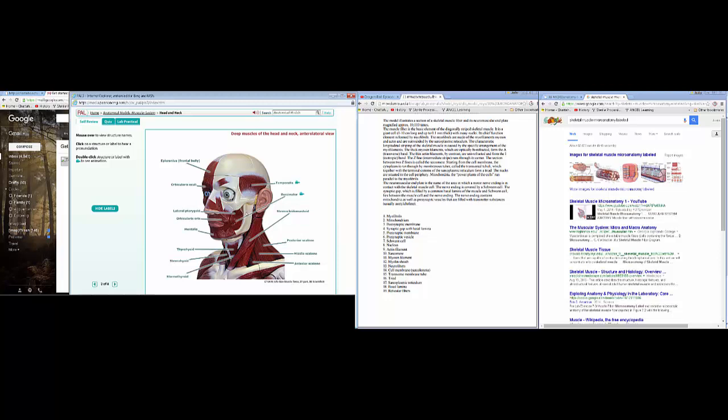Just know that that's the buccinator, because for the final, that's probably what we're going to need to at least know. We'd have to know the action of the buccinator, and I don't have that with me.